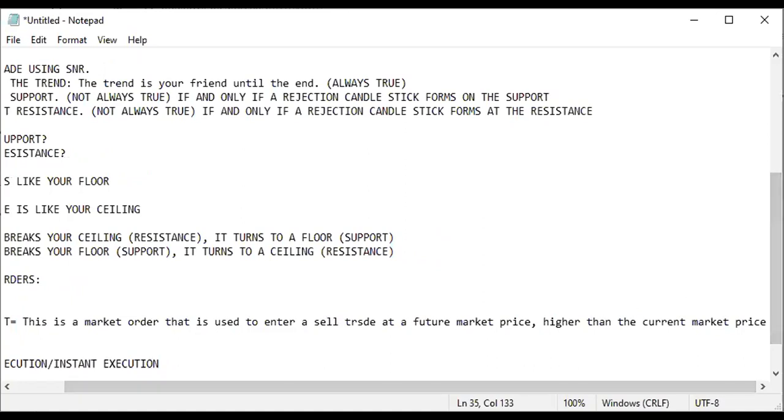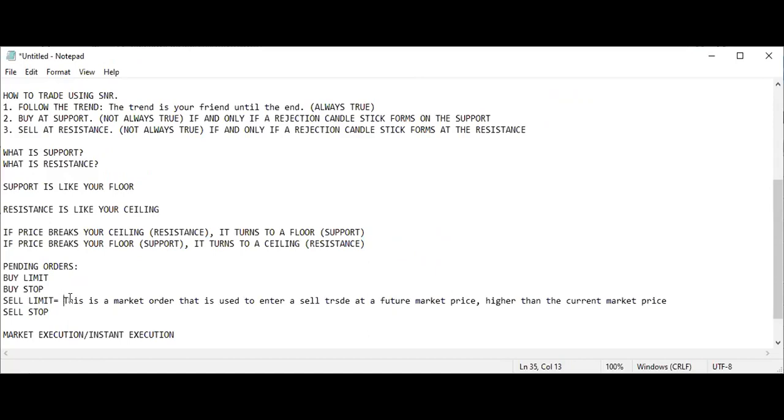Let me extend it. You guys see it clearly. All right. This is a market order that is used to enter a sell trade at the future market price, which is higher than the current market price.